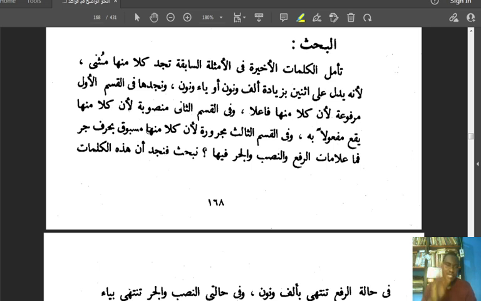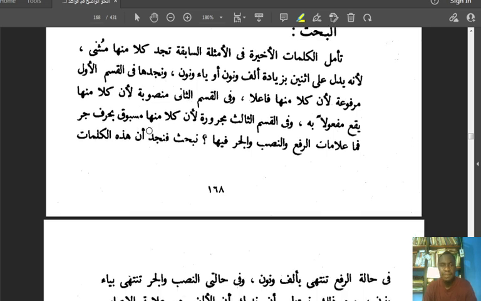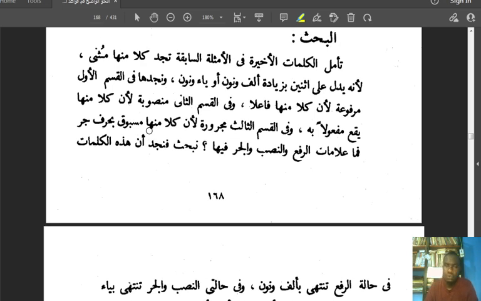The last words in all the sentences we had are dual nouns. Okay. And he says li'annahu yadullu ala ithnayn, because it refers to two things, bi ziyadat alif wa nun, by the addition of alif and nun or yai and nun.